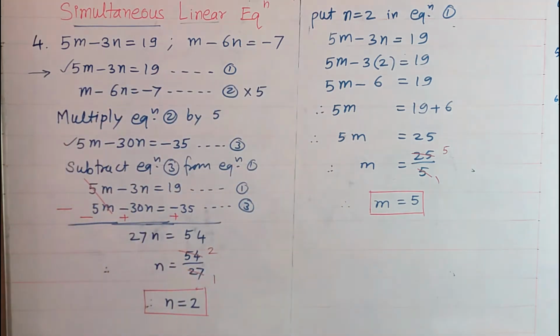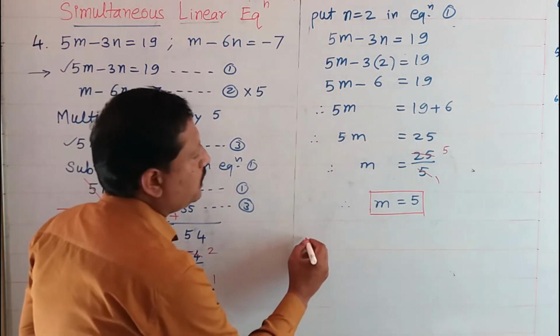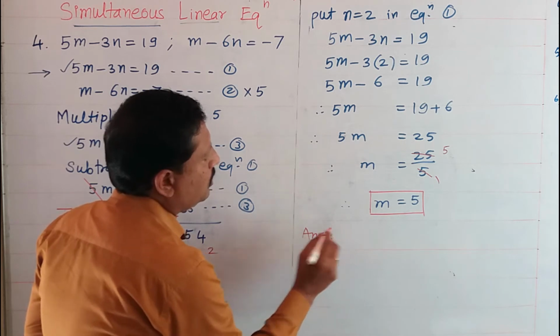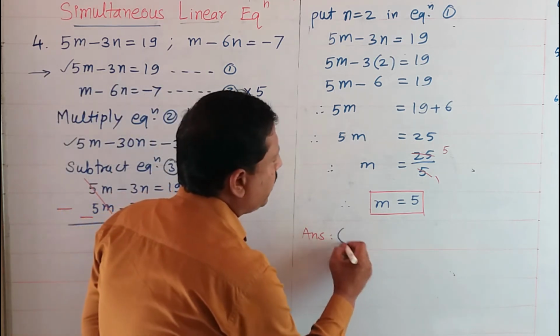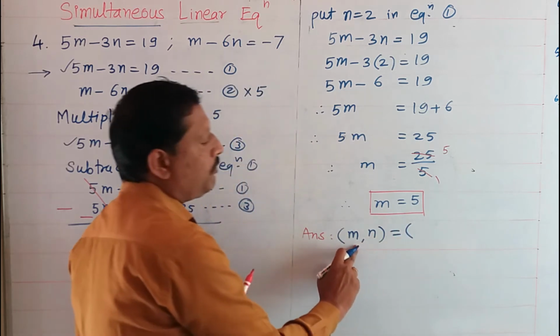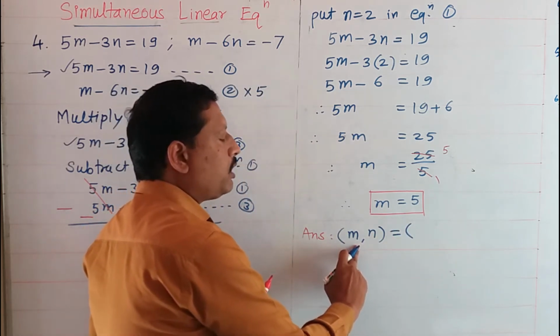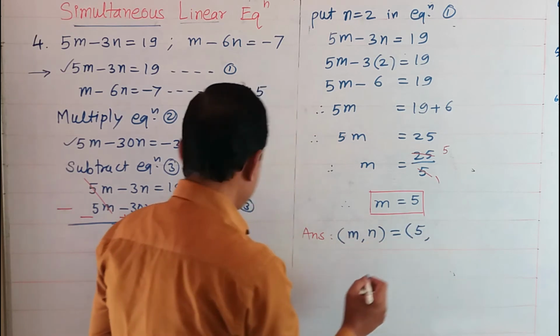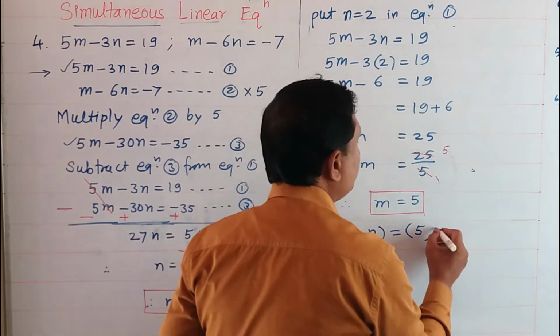Now write down the answer. Finally write down the answer like this. Answer: in bracket, write down the variables m and n, and then write down the value of m first, like this: 5, and the value of n is 2.